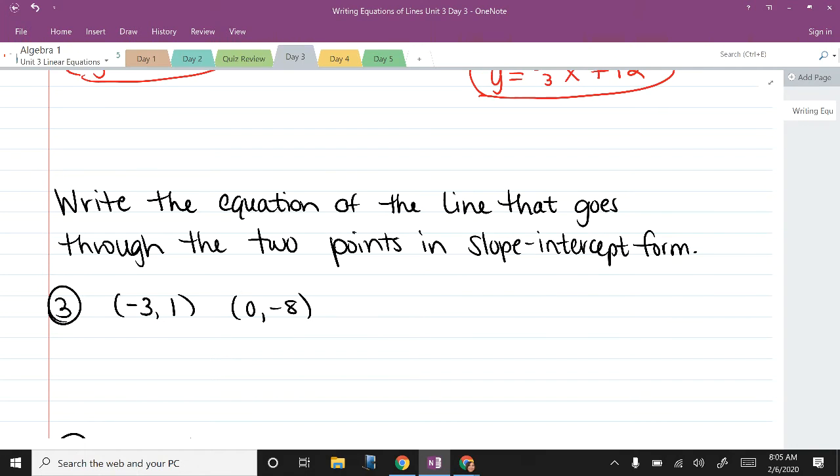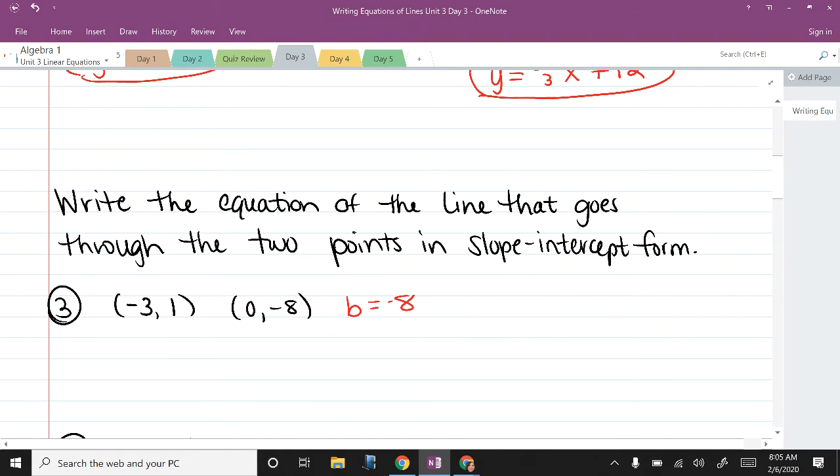Did they give me either one of those? Look again. Yes, just the 0. That's the y-intercept, isn't it? That's on the y-axis, right? They snuck it in. So what's b? Negative 8.